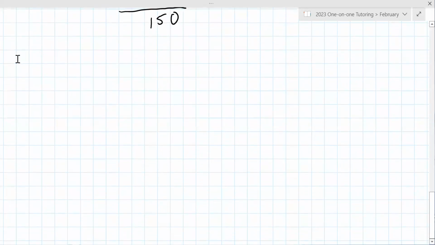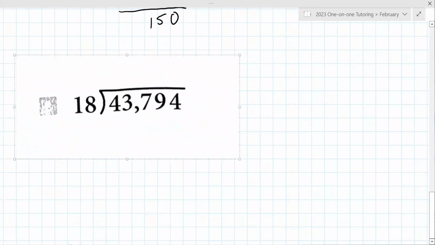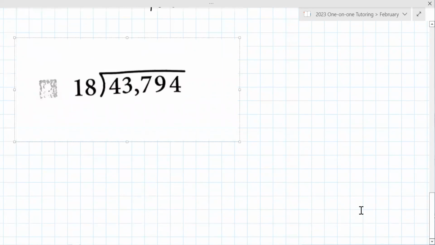Number 18 is the same. 18 can go into 43. Do you have a guess? Like 2 times? Yeah, that's 36.